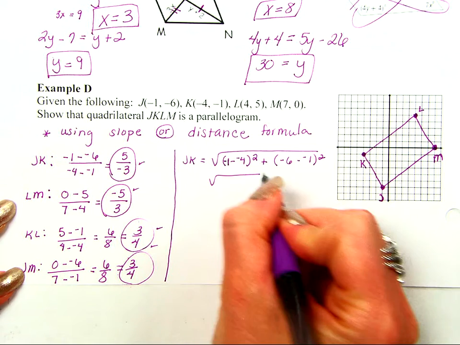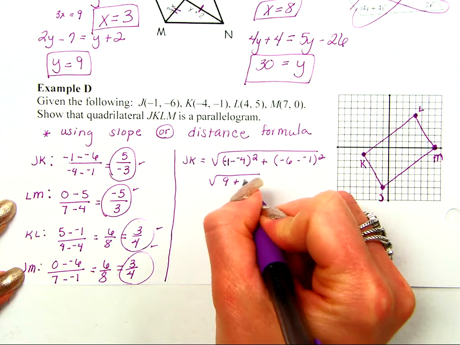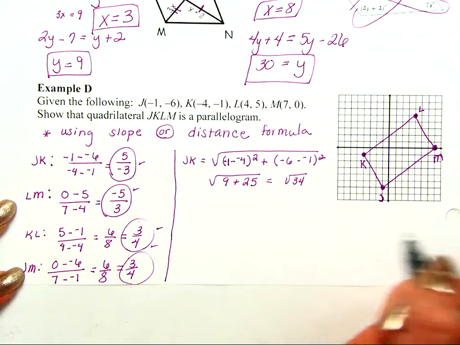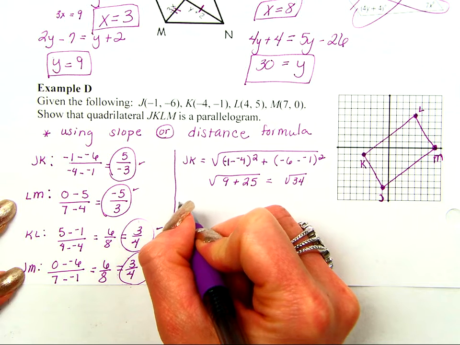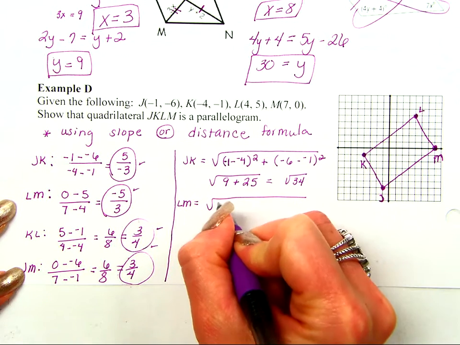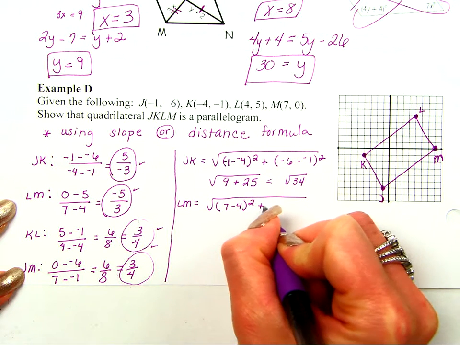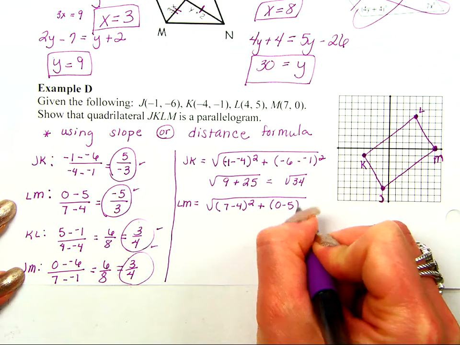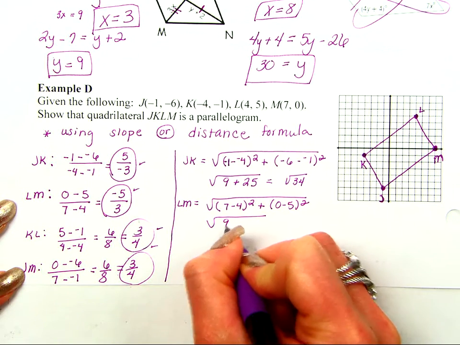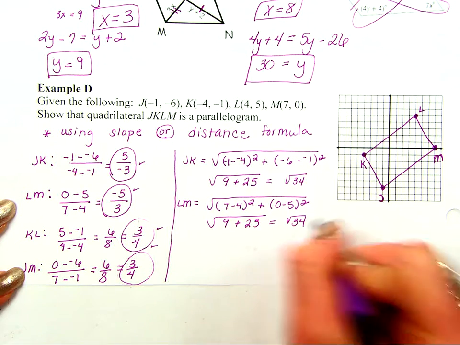Now here, we would end up with 3 squared and 5 squared. So this would be the square root of 34. And now let's compare that to LM. We would have x minus x, quantity squared, y minus y, quantity squared, again 3 squared and 5 squared, so that again equals the square root of 34.